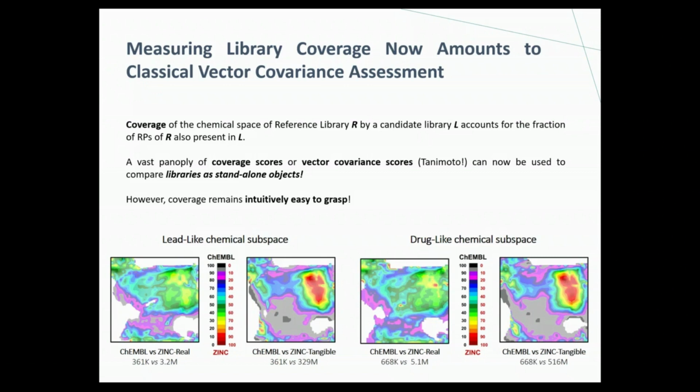Say, okay, wow, look, this is a nice match because we have a lot of green. Green means that these are the zones that are rather equally populated by the two libraries. With the ZINC tangible, there's a zone that is rather specific to ZINC tangible. It's not so well populated in Campbell, and so on and so forth.